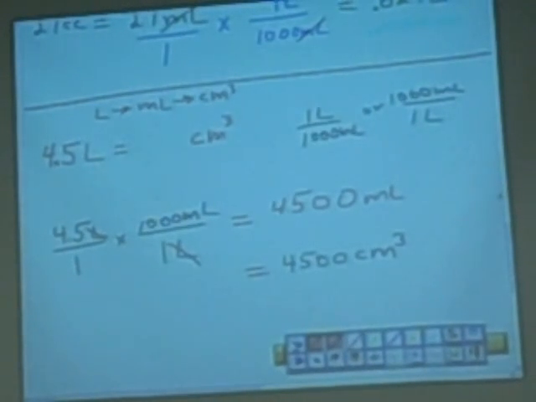1 cubic centimeter is very small, about half of a small sugar cube. Think of it that way.